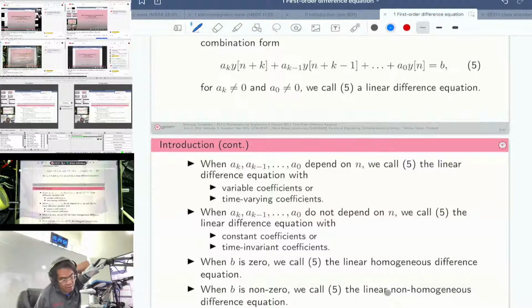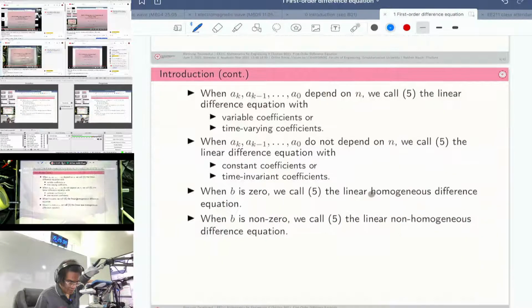When b is non-zero, we call it a linear non-homogeneous difference equation.